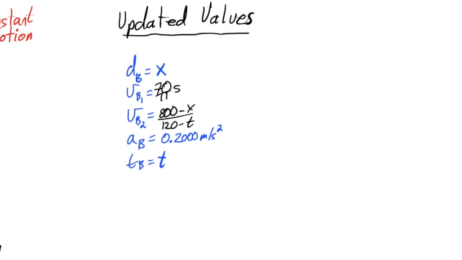So now we are down to one unknown, that's the X, and our second unknown, the time. So we have 2 unknown variables now. That means we need 2 more equations.